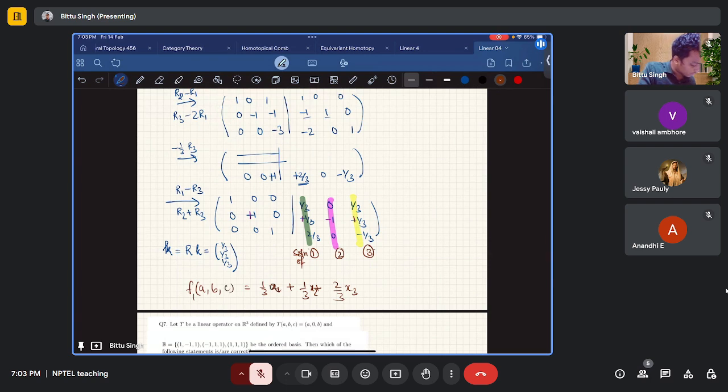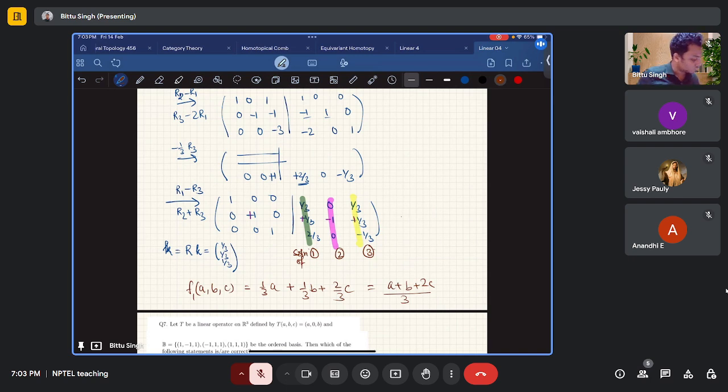So together we can write as A plus B plus 2C by 3. So first solution will be A plus B plus 2C by 3.